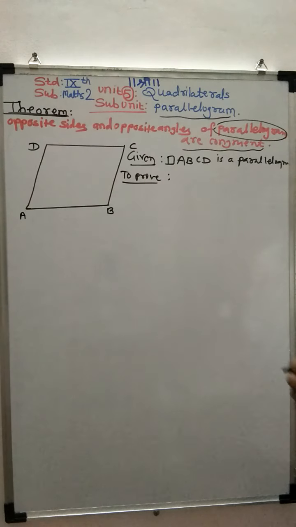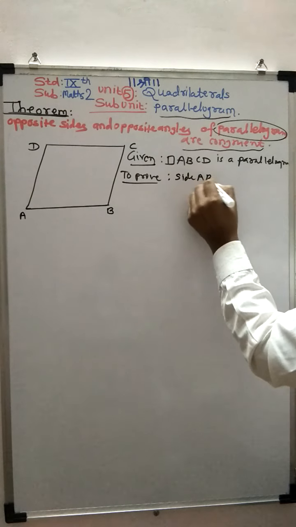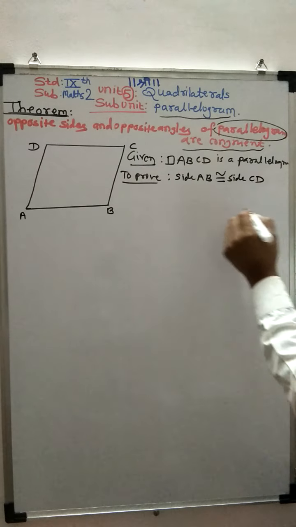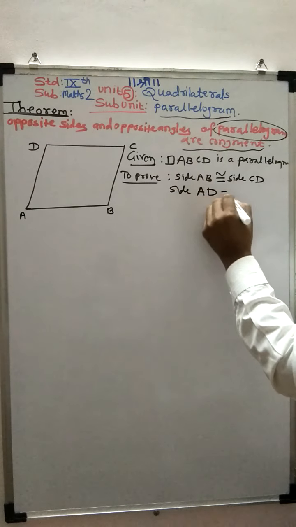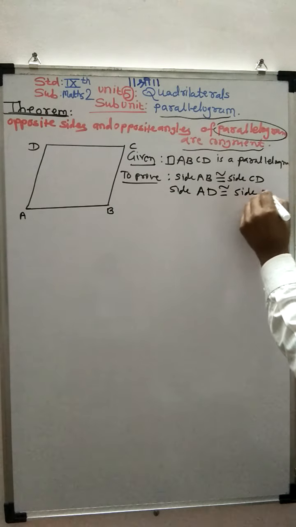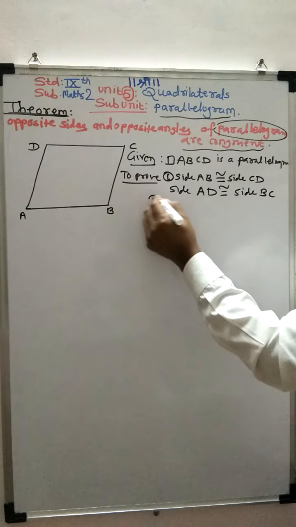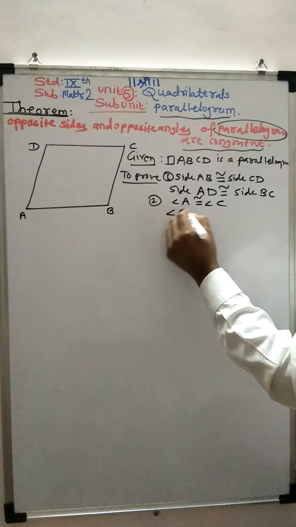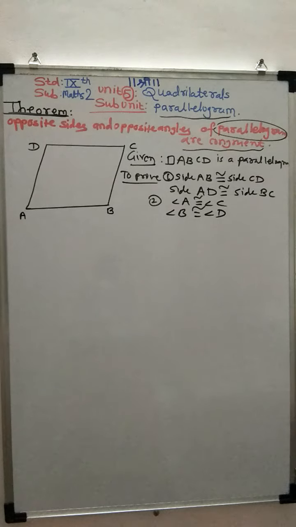To prove: opposite sides are congruent, side AB congruent to side CD, and side AD congruent to side BC. This is our first aim. And second, angle A congruent to angle C, angle B congruent to angle D. Opposite angles are congruent.